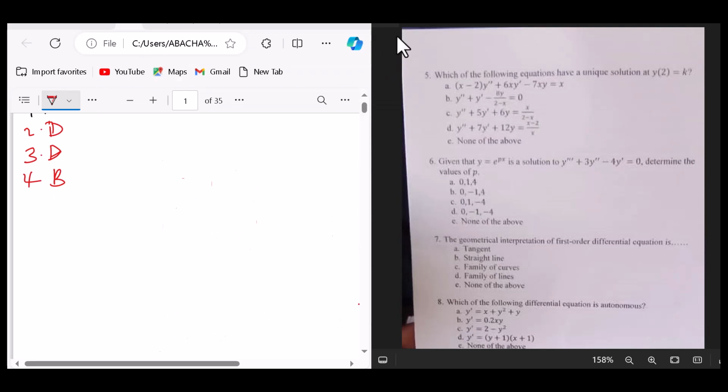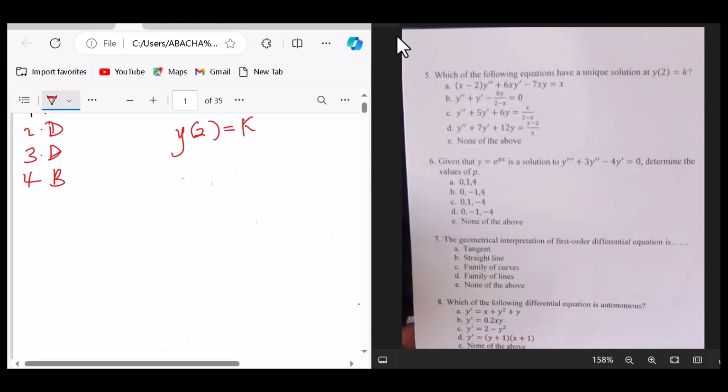So let's look at question 5 and our solutions. Question 5 says, which of the following equations have a unique solution at y of 2 equals k, some variable k?